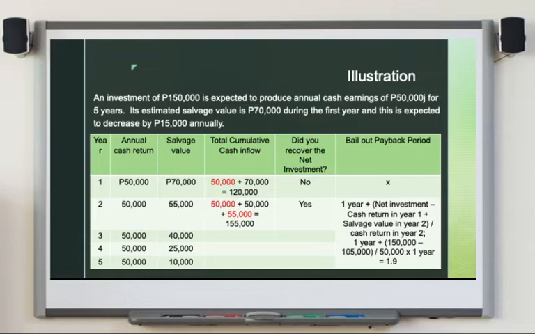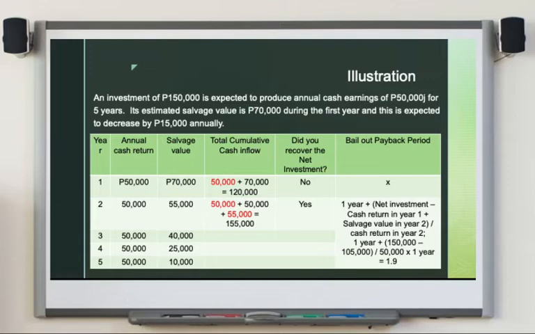So, this is not in contradiction of what they have taught you or what we have learned in the basic, but actually a confirmation that as we use our equipment, the value of that equipment gradually decreases as we use it or as time passes by.